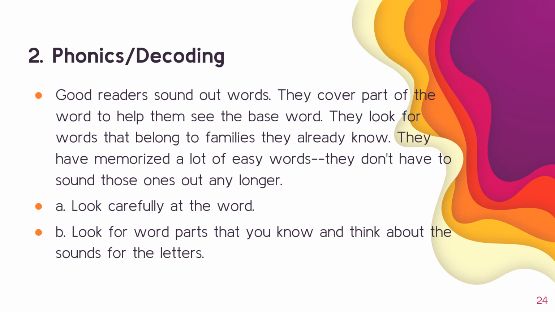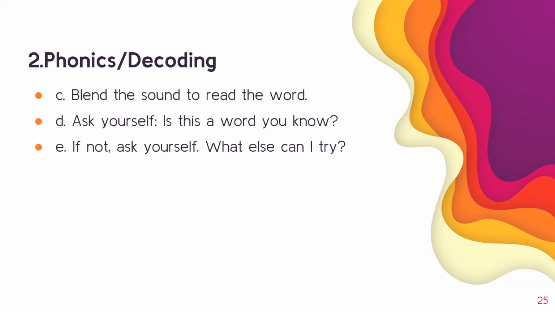They don't have to sound those out any longer. You simply look carefully at the word, look for word parts that you know, and think about the sound for the letters. Then blend the sounds to read the full word and ask yourself, is this a word I know? If not, ask yourself, what else can I try?